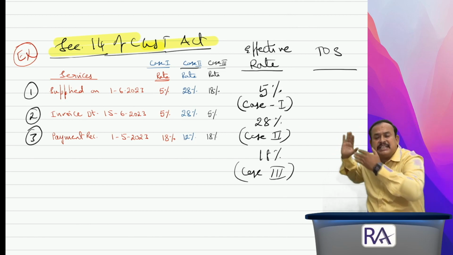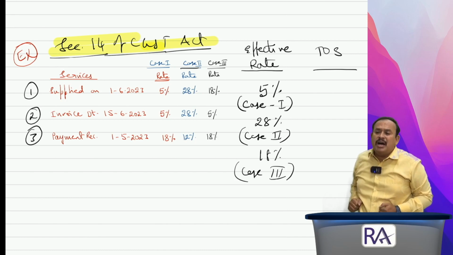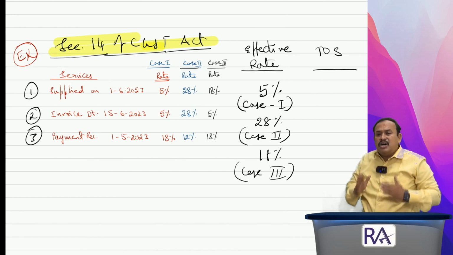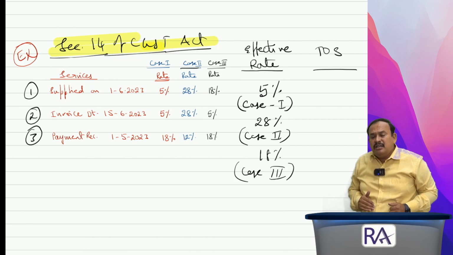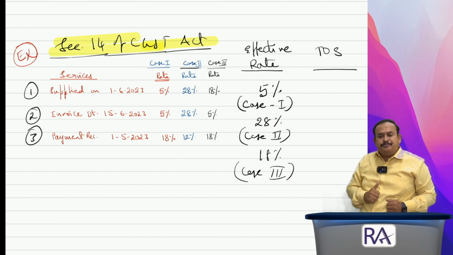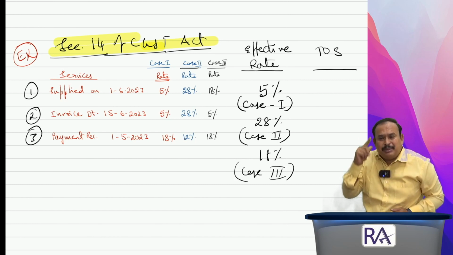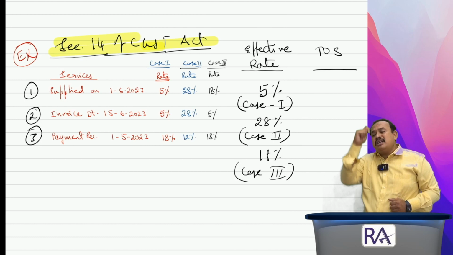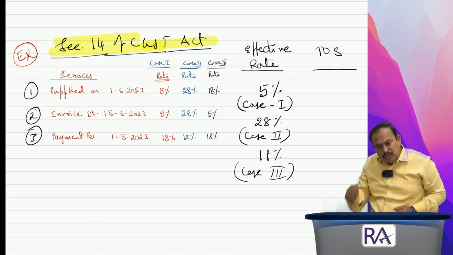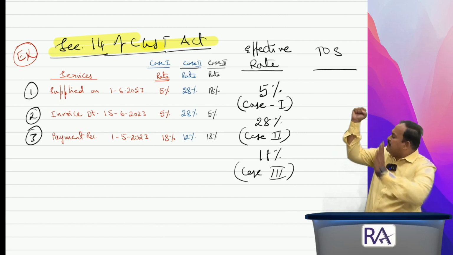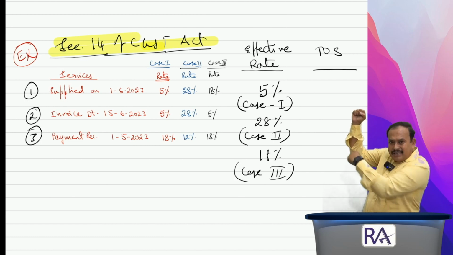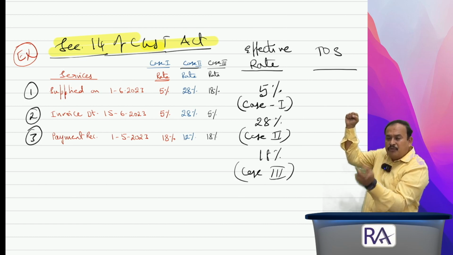If you refer to the first case, case 1: new rate 5%, old rate 18%. The date of completion of supply is with what rate? New rate 5%.